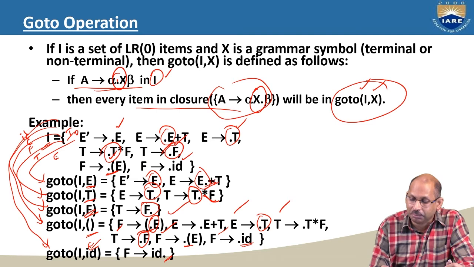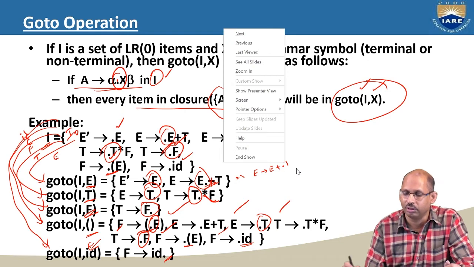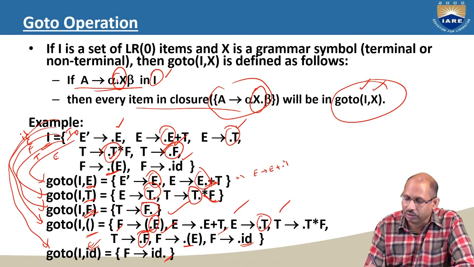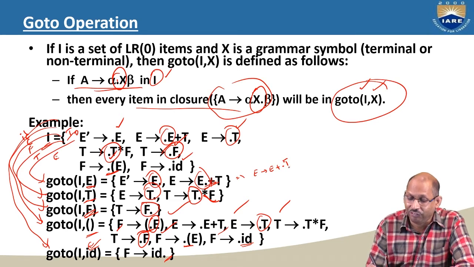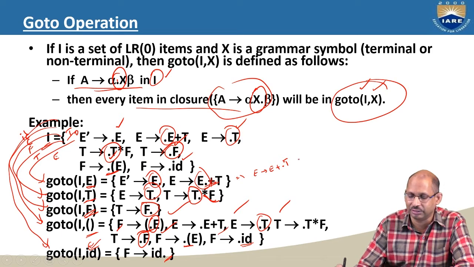But here it is plus. So what is its result? E gives E plus dot T. If it is T, then add T productions.